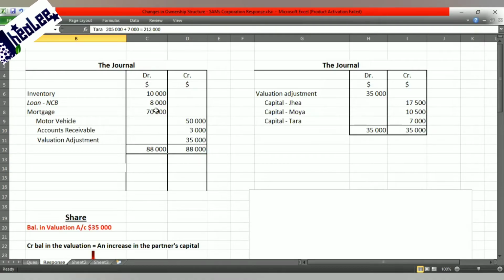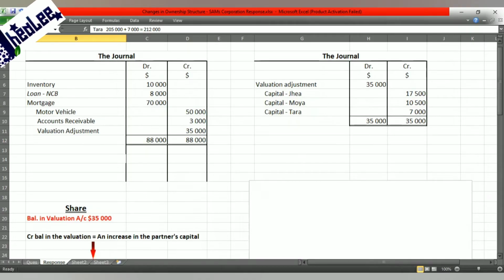We did that in the first journal, and we noticed that there is a difference on the credit side, and that is sent to our temporary account called the valuation adjustment account. Because it is a credit balance that resulted in an increase in the partner's capital, you share that 35,000, whatever value is in the valuation adjustment account. In this case, it is 35,000. You share that among the partners using their profit sharing ratio.